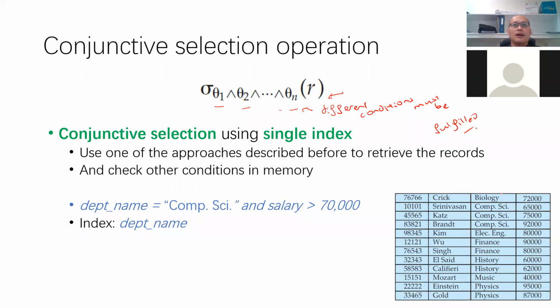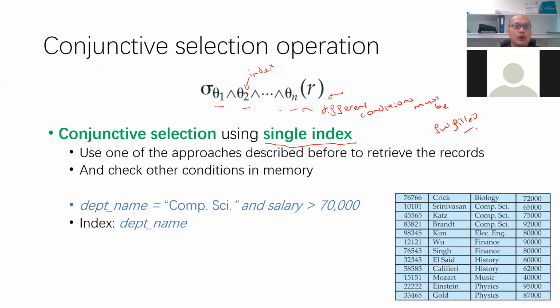What happens if I'm only using a single index is that out of the many conditions, there's only one attribute here that has the index.